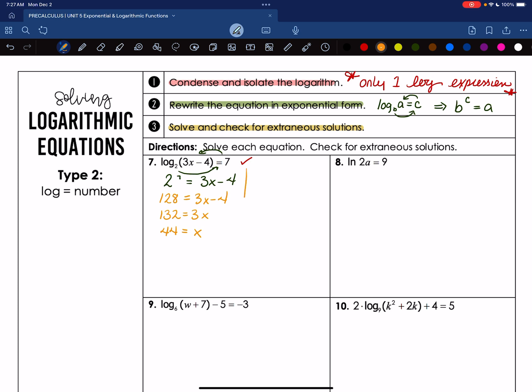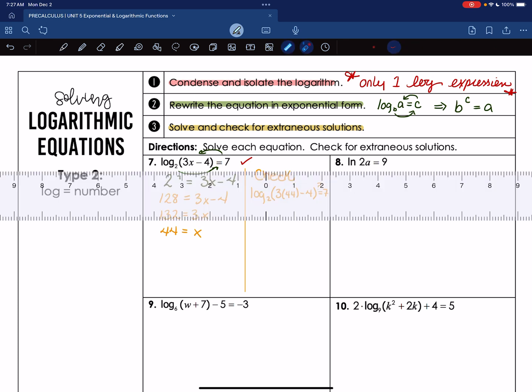And just so you can see here, my little check on the side, what I mean by checking is plug it into the original and see if it makes it true. When you take the 3 and then multiply it by that 44, subtract 4 from it, all of that should be equal to 7. Is it in fact equal to 7? When you take this entire side, oh my goodness, that's cool.